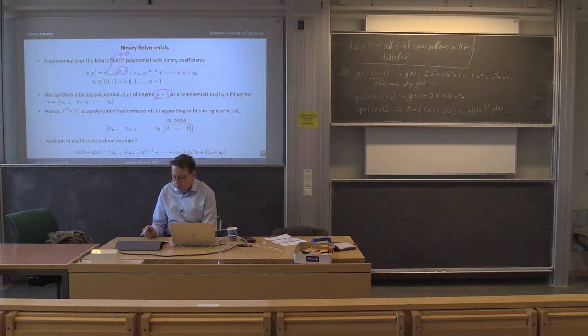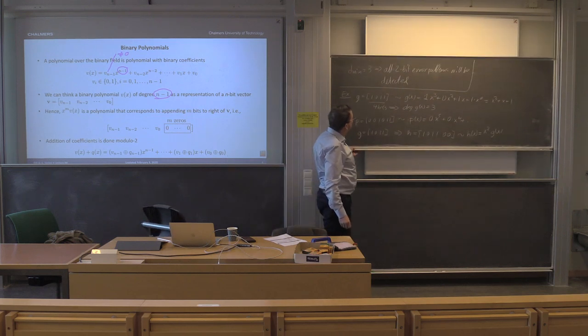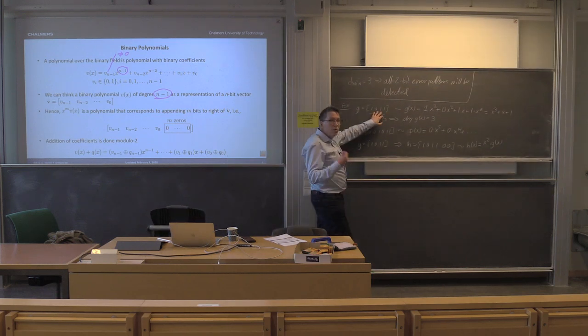If we want to add 2 polynomials, it's the same, except now, since it's binary polynomials, we add the coefficients modulo 2. So the addition of two binary polynomials should also be a binary polynomial.